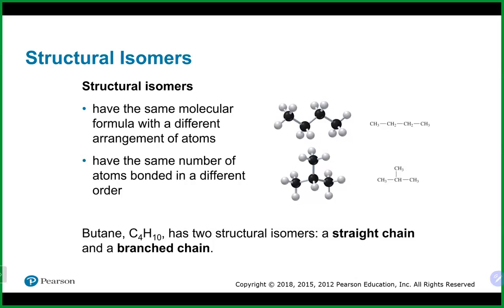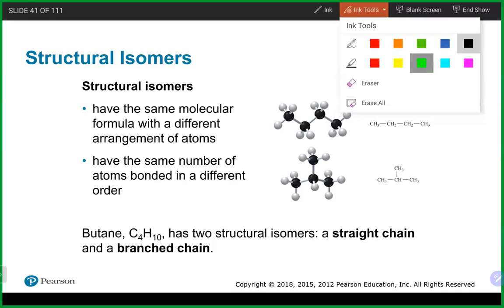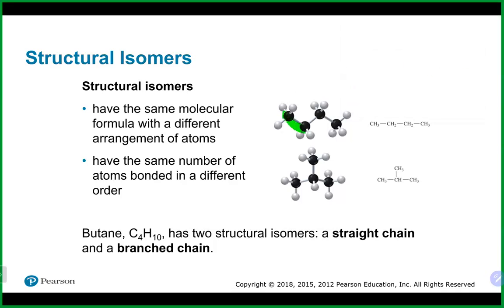Isomers are things that have the same molecular formula, but structural isomers will have some different sort of attachments and arrangements. For example, here is butane, and this is really just a 4 carbon run: 1, 2, 3, and 4. Nothing else really attached but hydrogens.